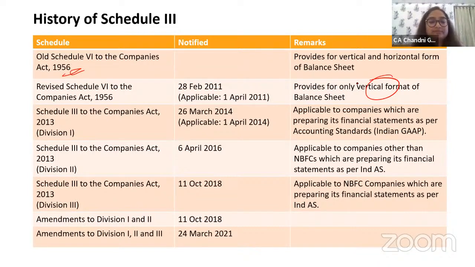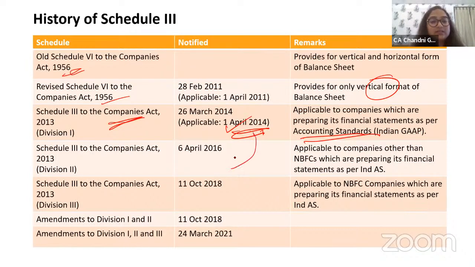And then in 2014, when the Companies Act was revised completely, the Companies Act 1956 was replaced by the Companies Act 2013. They changed Schedule 6 and introduced Schedule 3, which was made applicable from 1st April 2014, to companies applying AS.